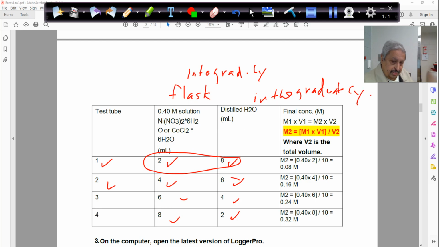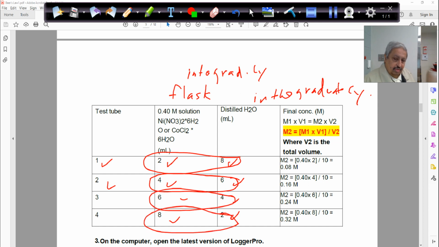So with this combination, we can use the dilution law and then determine the concentration of each solution.